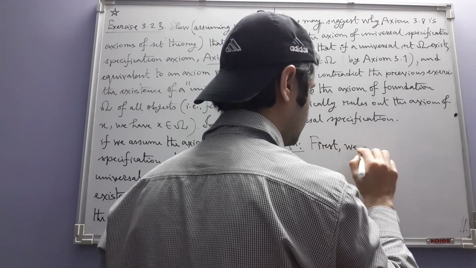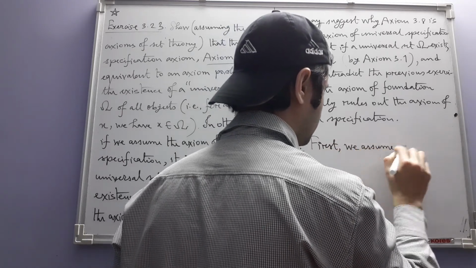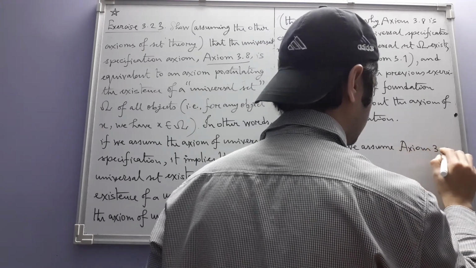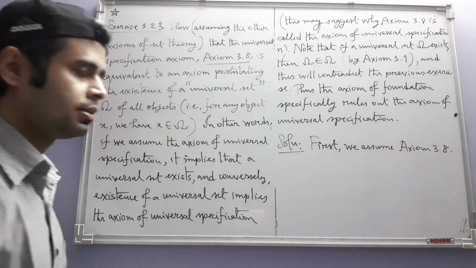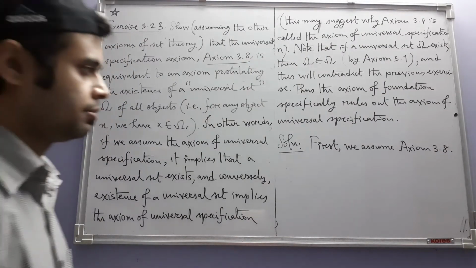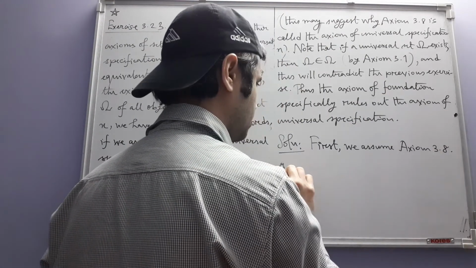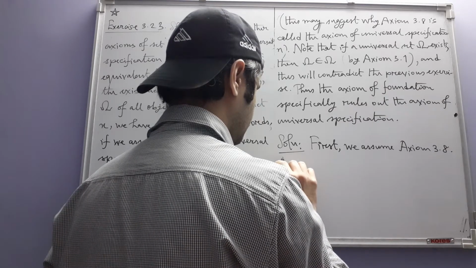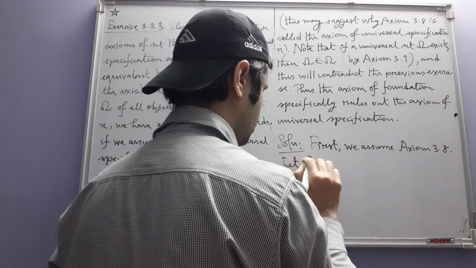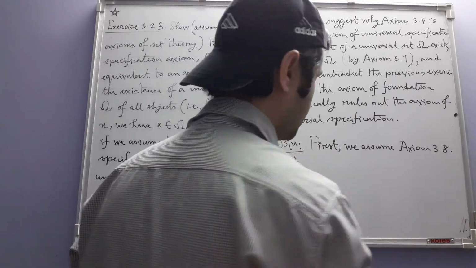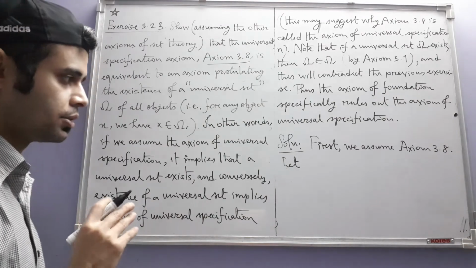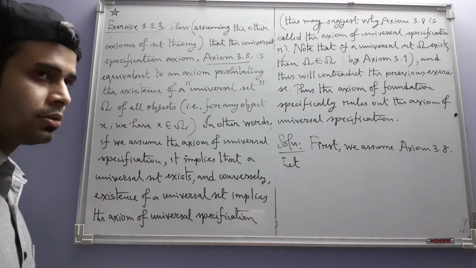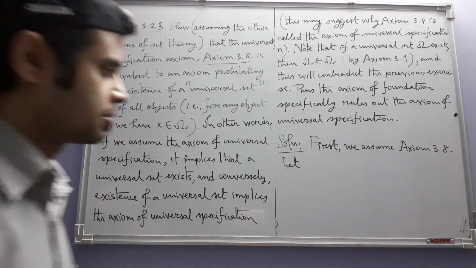First we assume axiom 3.8. That means we now have the axiom of universal specification. We have to somehow conclude that a universal set exists.